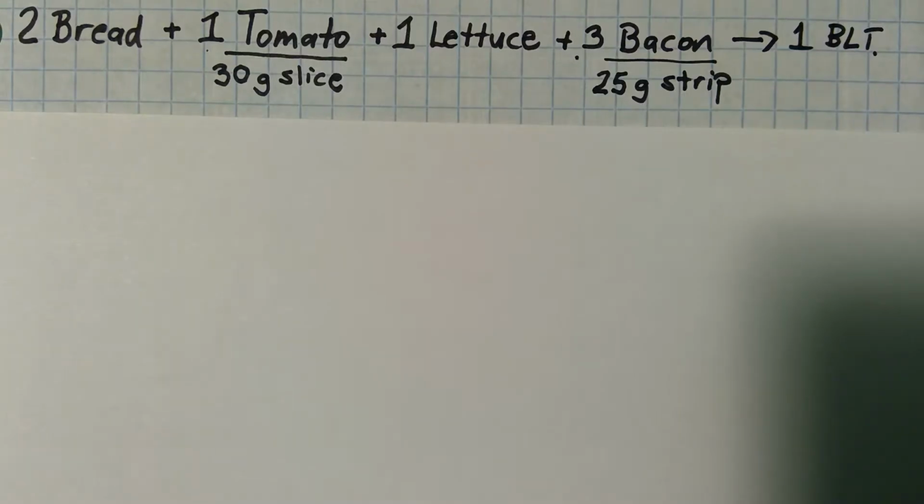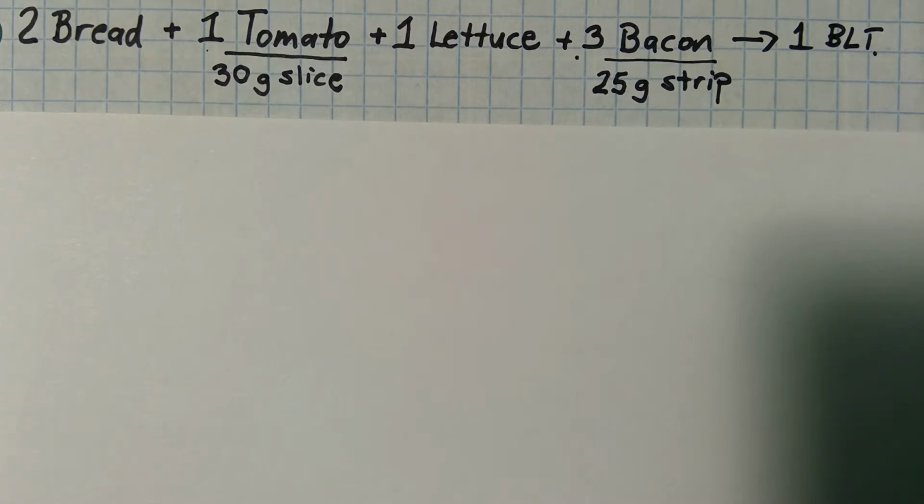When we started with stoichiometry, I made an analogy to a recipe for making a BLT sandwich. 2 slices of bread plus 1 tomato slice plus 1 leaf of lettuce plus 3 strips of bacon make 1 BLT. I wrote it the same way that you would write a chemical reaction, because the steps to answering questions about the BLT and its process of making it were identical to what you do in a chemical reaction.